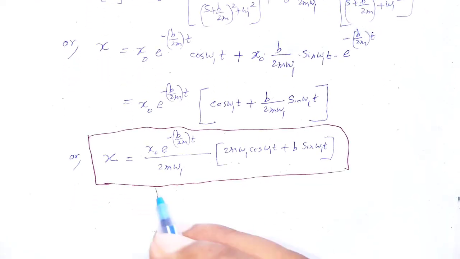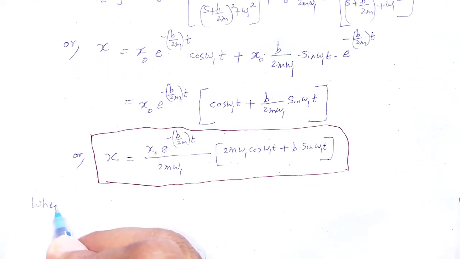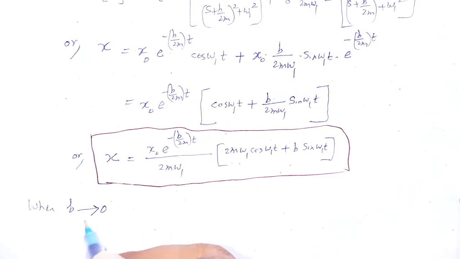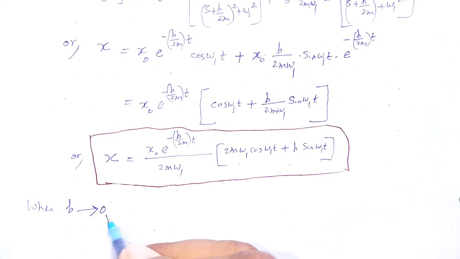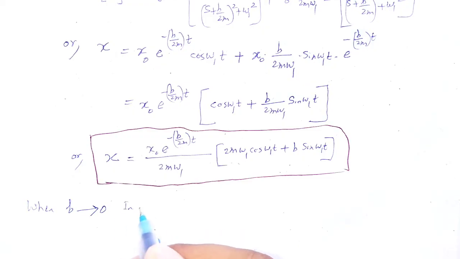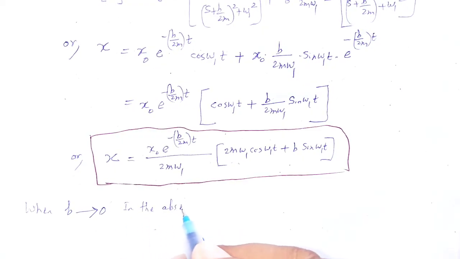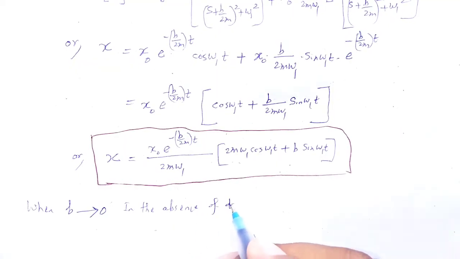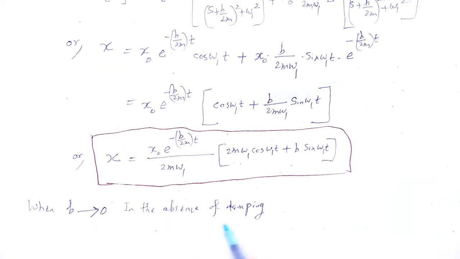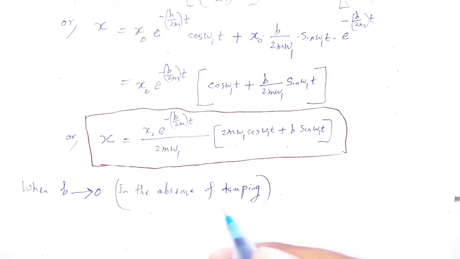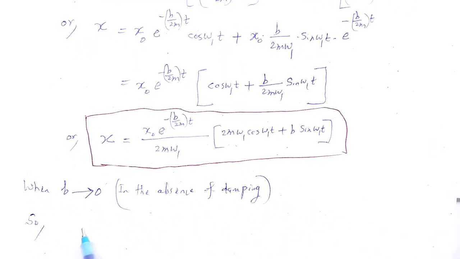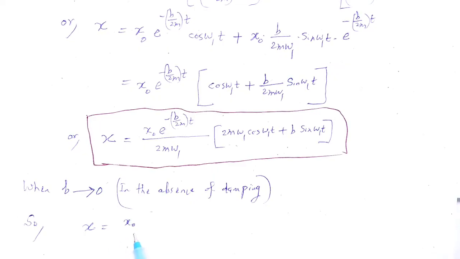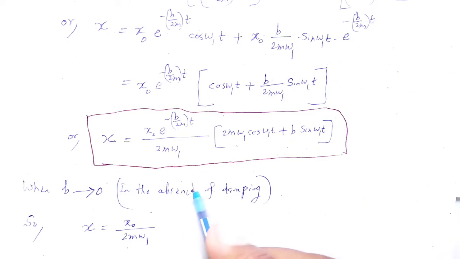How? When b is equal to 0, b equal to 0 means there will be no such damping. In the absence of damping, there will be no such damping force. So, x is equal to x naught divided by 2m omega 1, b term 0, e to the power 0 is equal to 1.